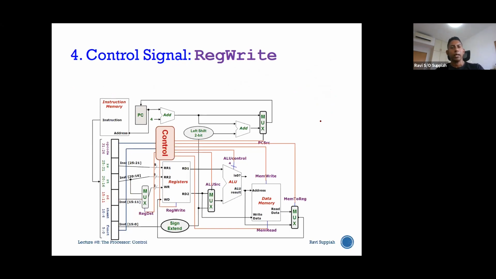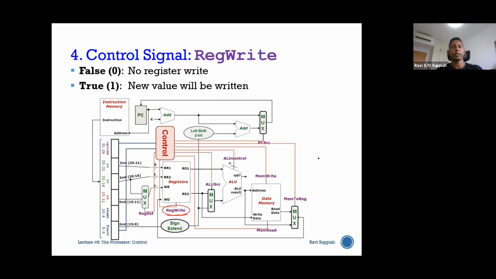Now, similarly for register write, as you can see, it is not connected to any multiplexer, but it is a signal to tell the register file whether we need to update any register. If it is 0, that means I do not need to write to any register. When it is 1, a new value will be written. So when will a new value be written?